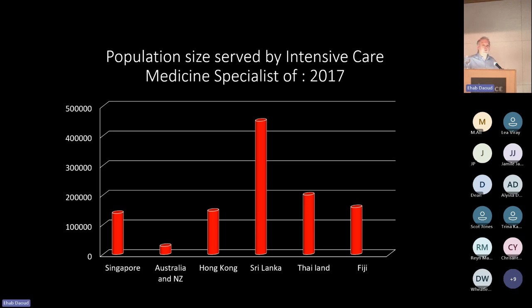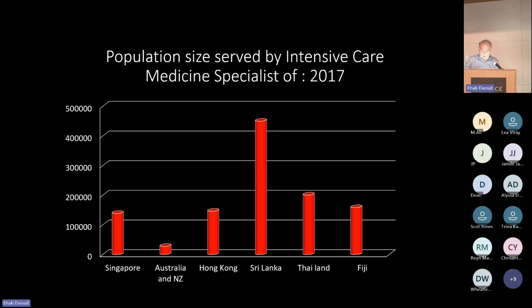See, in Sri Lanka, it's worse now, but back in 2017 there were about 450,000 patients per intensivist. Australia and New Zealand, much better staffed. Thailand, Fiji, Hong Kong, somewhere in between. So it varies greatly. There aren't the trained consultant staff to look after these patients.